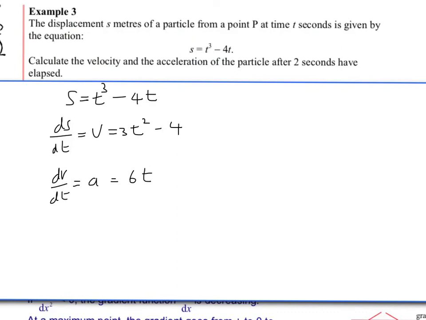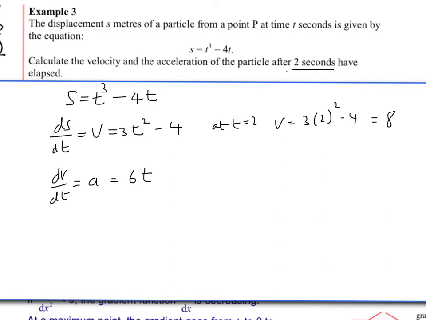Now we have equations for v and a, and we're told to work out the velocity and acceleration for t equals 2. So we can substitute 2 in there. At t equals 2, v equals 3 times 2 squared take away 4, which gives us 12 take away 4, which gives us 8.